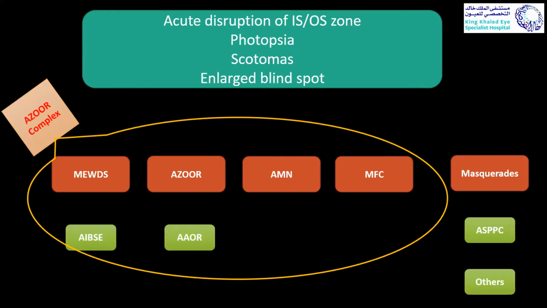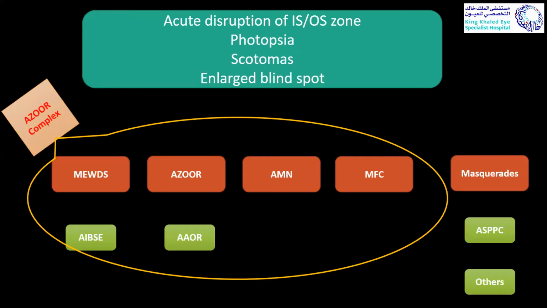For MEWDS and AZOOR, there is also a mini disease, like mini MEWDS, called AIBSE, acute idiopathic blind spot enlargement, where the disease is localized only around the optic disc. AZOOR can also present with a variant called acute annular outer retinopathy, which also involves the area around the optic disc.